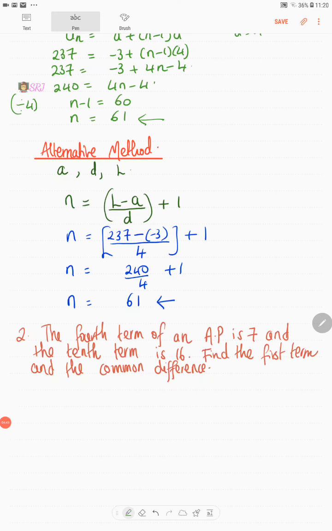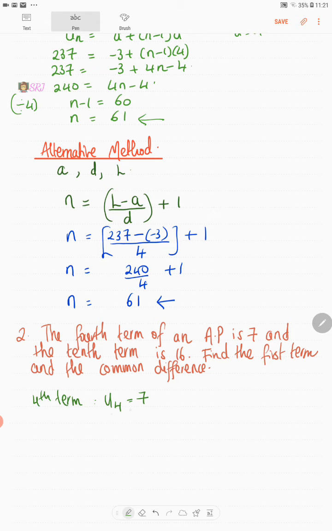The next example: the fourth term of an AP is 7, AP meaning arithmetic progression, and the 10th term is 16. Find the first term and the common difference. We are given that the fourth term, u4, is equal to 7.